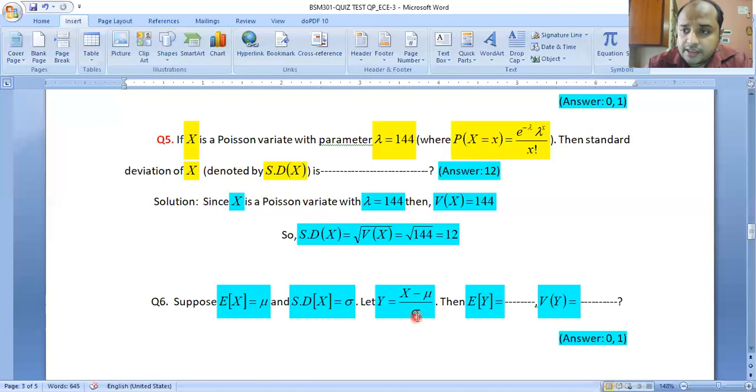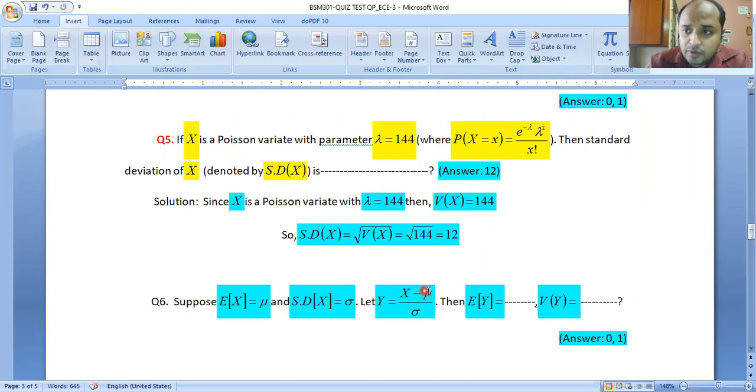Here the constant is 1 by sigma, and we get 1 by sigma square variance of x minus mu. X and mu are independent of one another. Try to recall, variance of x minus y is variance of x plus variance of y minus 2 covariance xy. But since x and y are independent, the covariance term vanishes.